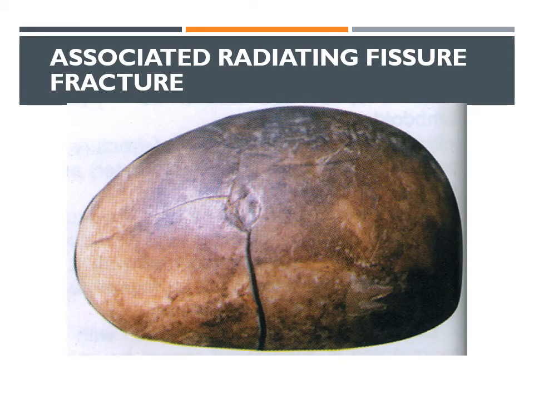Skull fracture may occur in association with other fissure fractures named radiating fissure fracture, like this. This is a skull fracture, which is a localized depressed fracture, this circle showing it, with some radiating fissure fractures surrounding this main fracture.